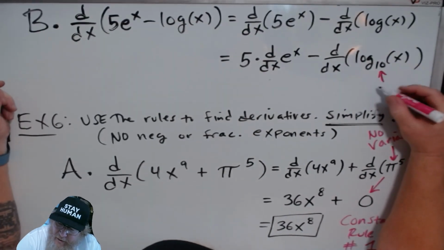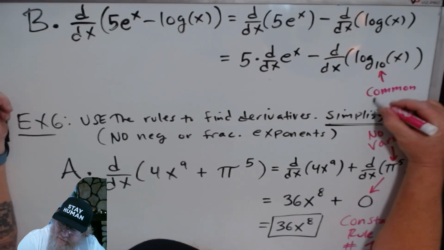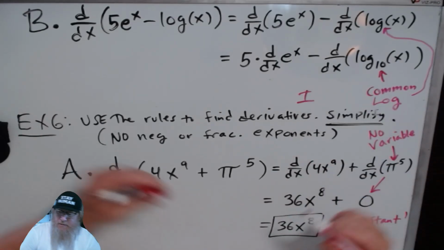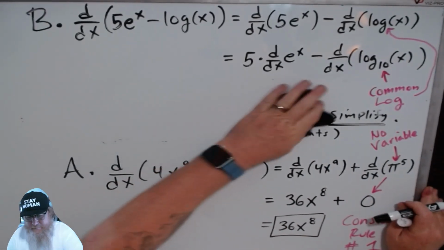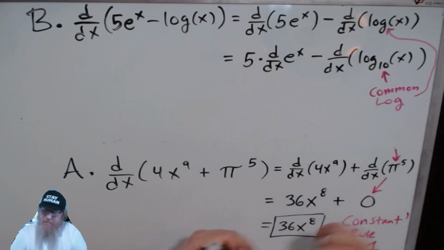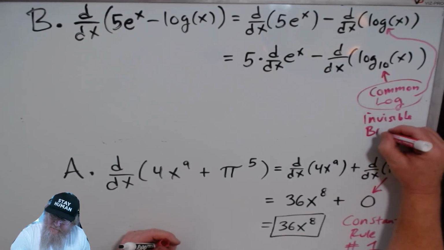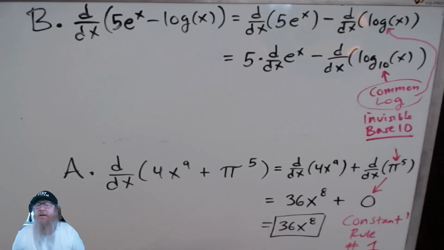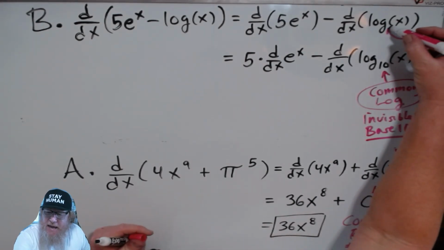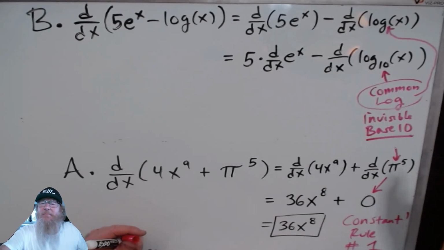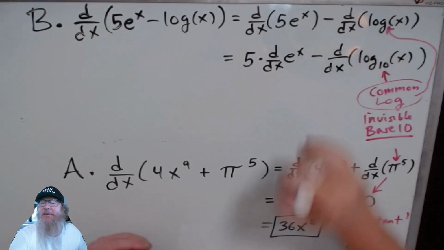This is called a common log, and it's invisible. So there's an invisible base 10 right here. If you don't see it, it's a 10. Any other logarithm base, I have to tell you what it is. But with 10, I don't have to tell you.